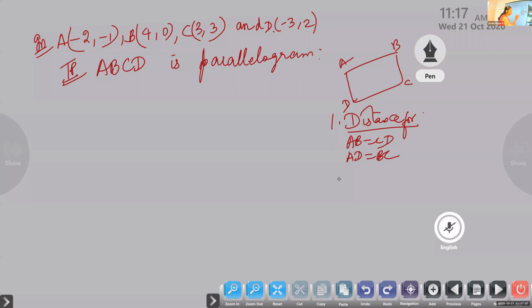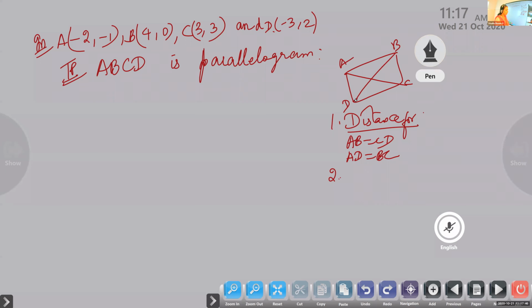What is another method you have learned in 10th standard? Make them two triangles? Okay, that is for finding area. Here you have to verify whether it is a parallelogram. What do we know about the diagonals of a parallelogram?